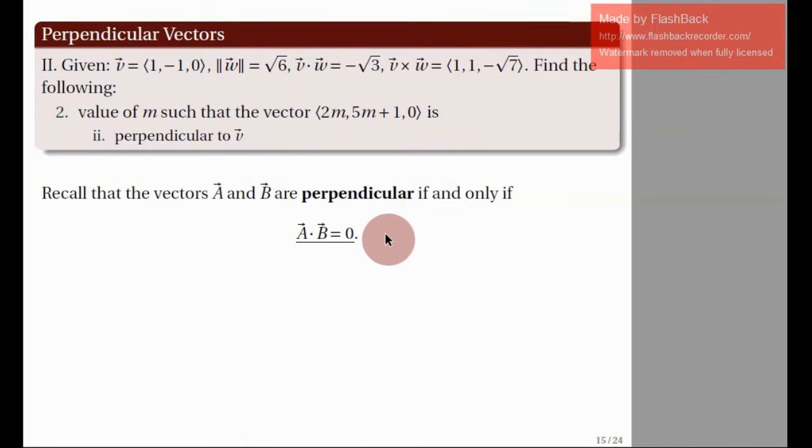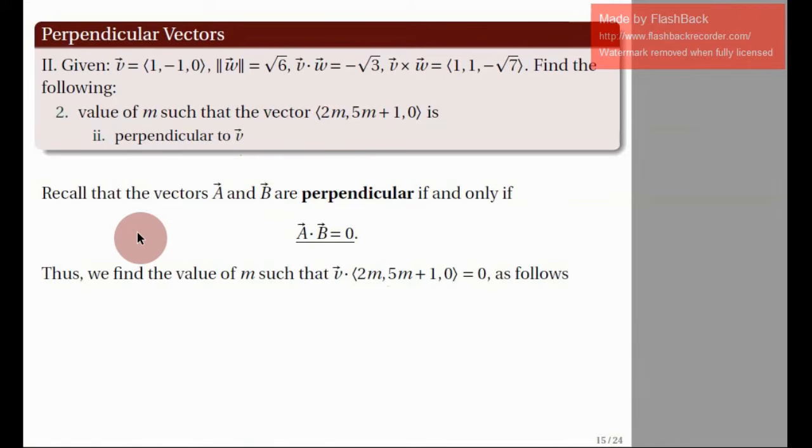This time, two vectors being perpendicular, their dot product is equal to the 0 scalar. Alright, so we just use this fact in order to know the value of m that will make this vector perpendicular to vector v. So getting the dot product between the two and equating the dot product to 0, we get this one right here.